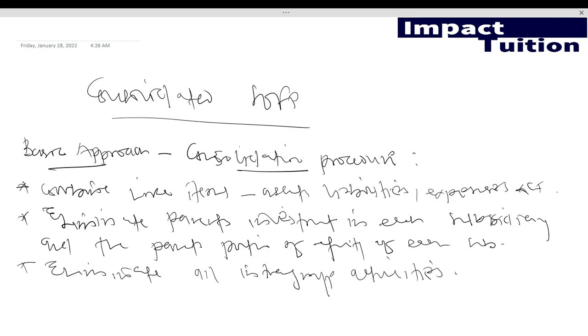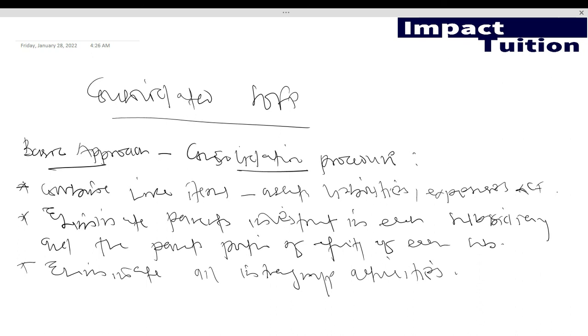I will take examples and discuss each of these in detail. Groups might trade with themselves. Now in consolidation, we have to eliminate all intragroup activities.